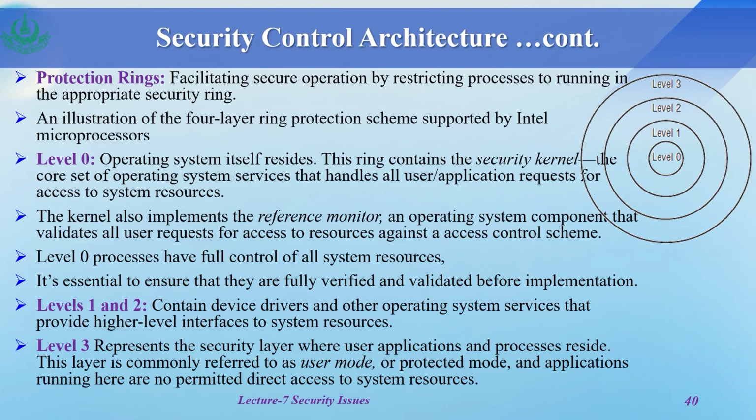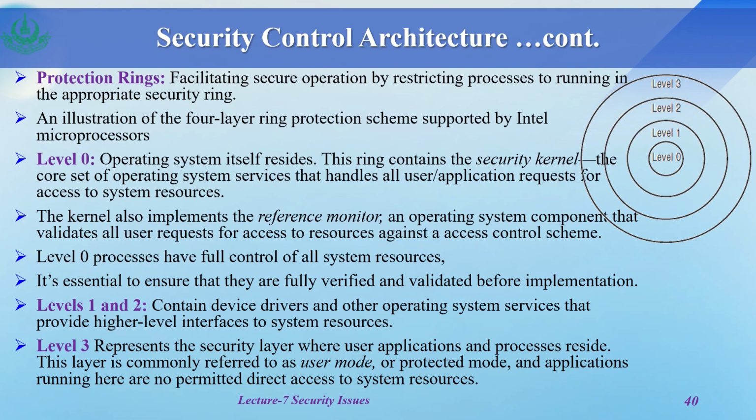Level 0 is where the operating system itself resides. This ring contains the security kernel, the core set of operating system services that handle all user application requests for access to system resources.